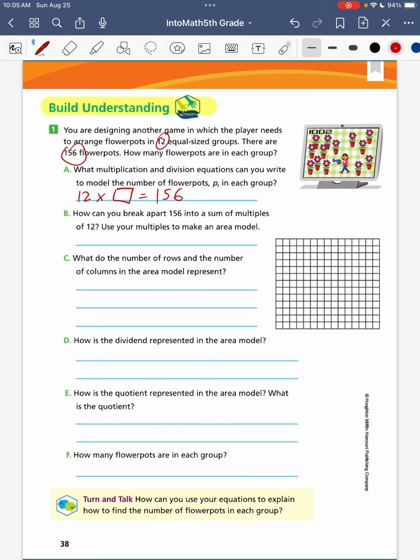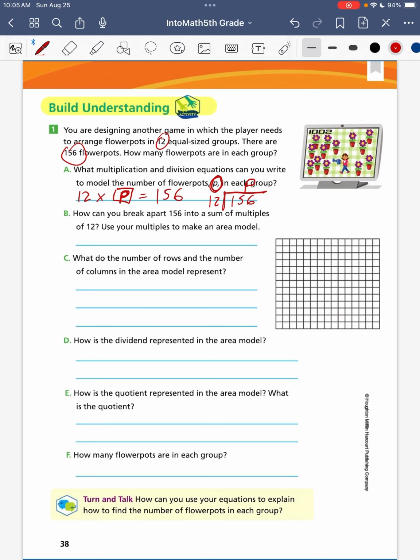As a division, we have 156 divided by 12 equals P. I forgot to read that last sentence there, where instead of having a box represent our unknown, we're having the letter P represent our flower pots. So 156 divided by 12 will equal P.